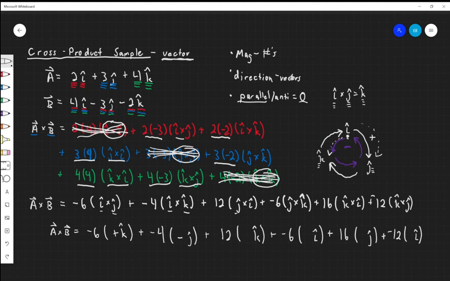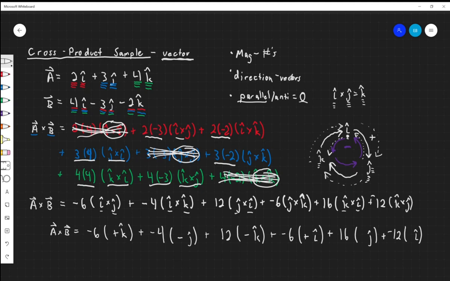j cross i, I've got my j. To get to my i, I've got to go around this inner circle. I have to go counterclockwise, so that's got to be a negative. j cross k, I start at j. I want to go to k. I'm following that circle clockwise, so that's got to be positive. k cross i, if I want to go from k to i next, I follow along this outer circle.